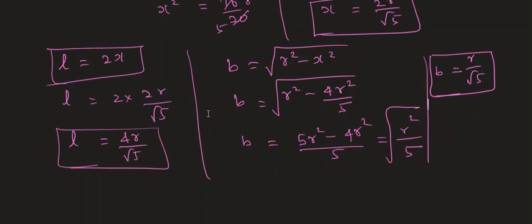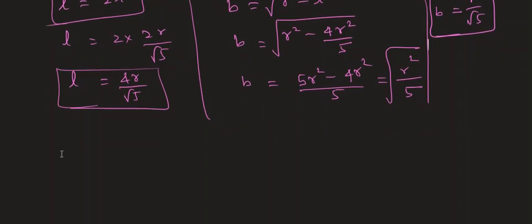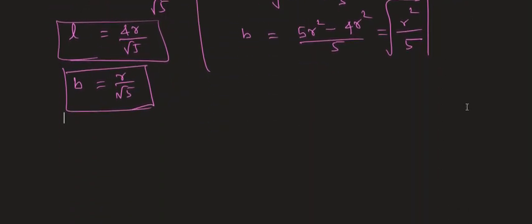Now we have found L and B. So what is B? r by root 5. So these are the two parameters of the rectangle. And now we need to find the maximum perimeter. So this is the maximum length and the maximum breadth.